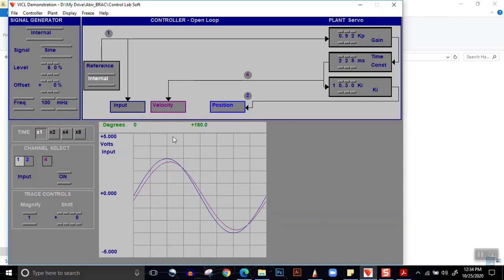This is 180 degrees, this is 90 degrees. The sine wave that has a peak at 90 degrees is actually the input, and the lower peak valued sine wave is the output. Now, as we can see, there is a change in amplitude, and there is also a phase lag associated with it.